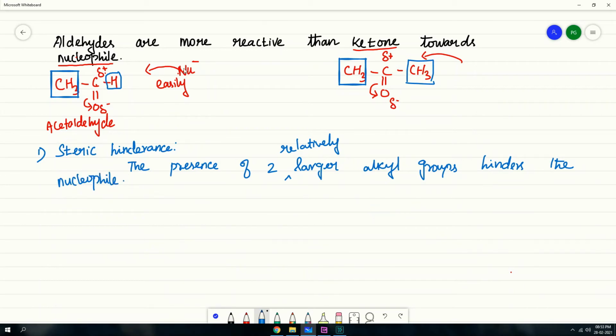So the approach of the nucleophile is easy in the case of aldehyde, but it is difficult in the case of ketone.